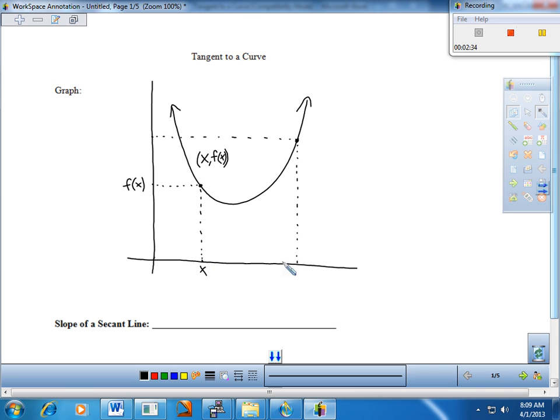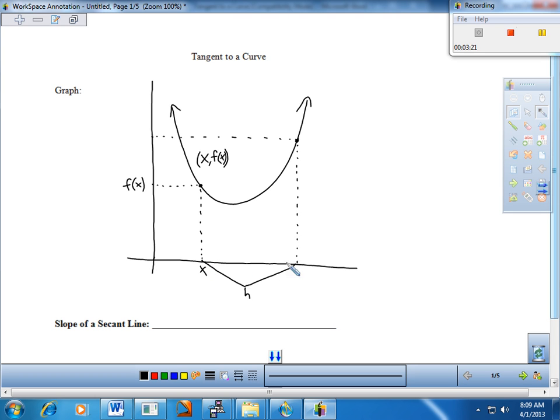So from here to here, the horizontal distance from the first point to the second point. Now some textbooks will call that the change in x, or what's called a delta x. But most textbooks actually call it h. And so if you can go ahead and relay that piece right there, from here to here is going to be our h value. And again, that's the horizontal distance from the first point to the second point.